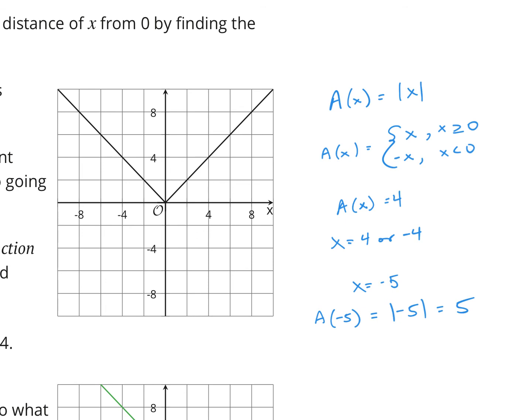We want where input is -5, so that tells us that in our cases notation we're going to focus on the second rule, because that's where -5 is going to fall, in this interval. Because x is -5, this tells us to take the opposite of -5. Remember, it doesn't mean it's going to be -5. In this case, the negative sign means the opposite of -5, which is 5.